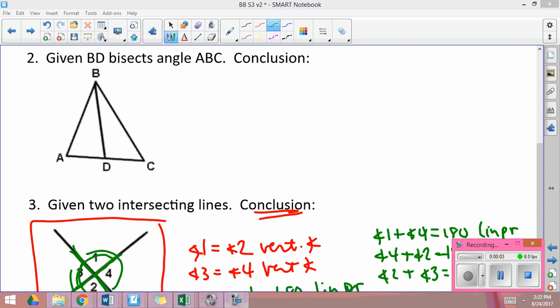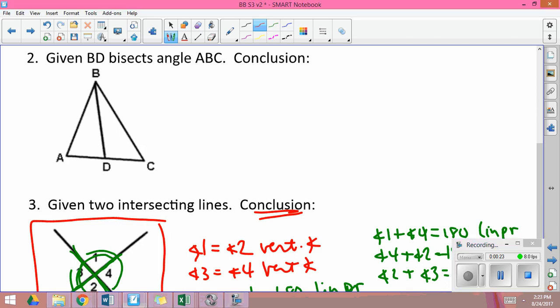So let's look at these three that talk about the bisectors, because that is a really picky thing that I want you to pay really careful attention to. So given that BD bisects the angle, never ever assume things in geometry. BD is going to do the cutting.